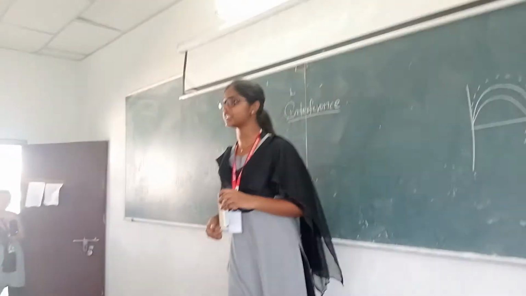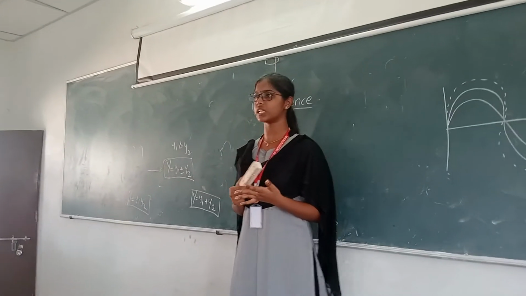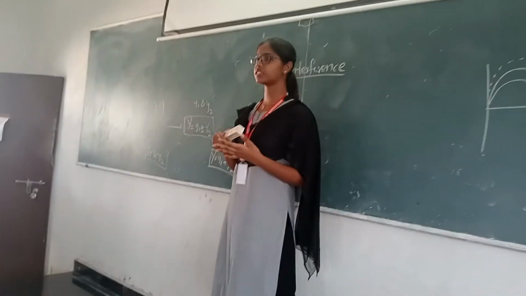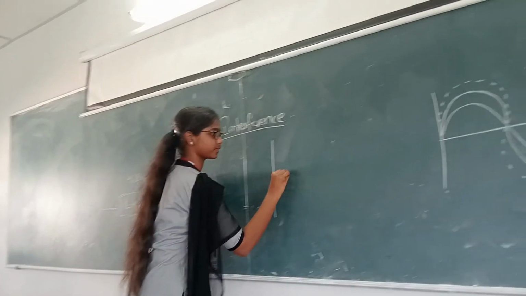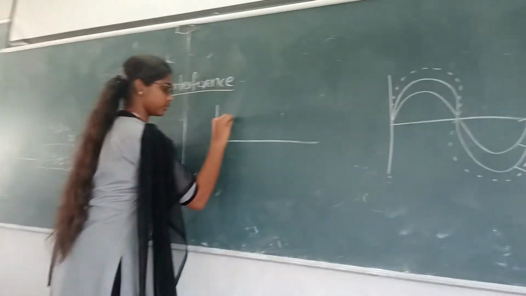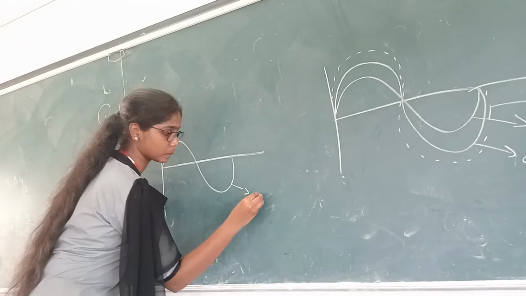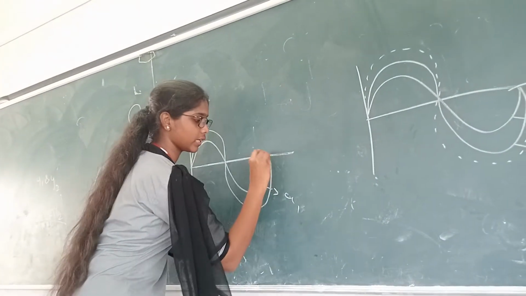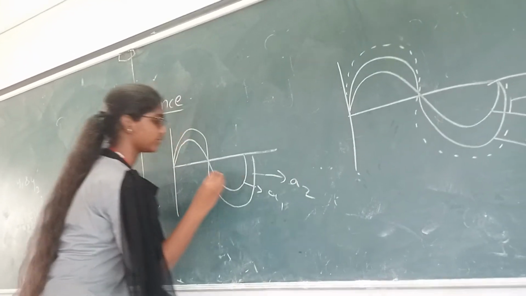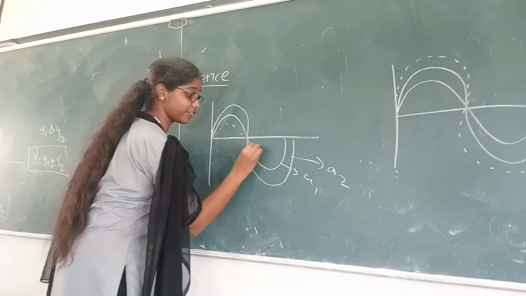When two waves are traveling in opposite directions, when they meet and interfere together, the resultant amplitude is the difference and the resultant amplitude is minimum. A1 is the amplitude of the first wave. A2 is the amplitude of the second wave, and it should be in difference as it is destructive interference.